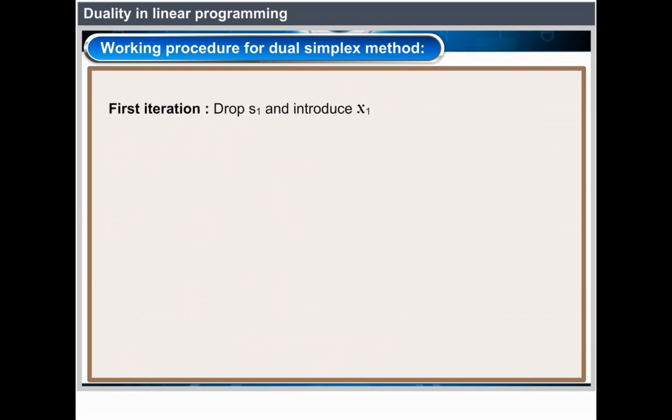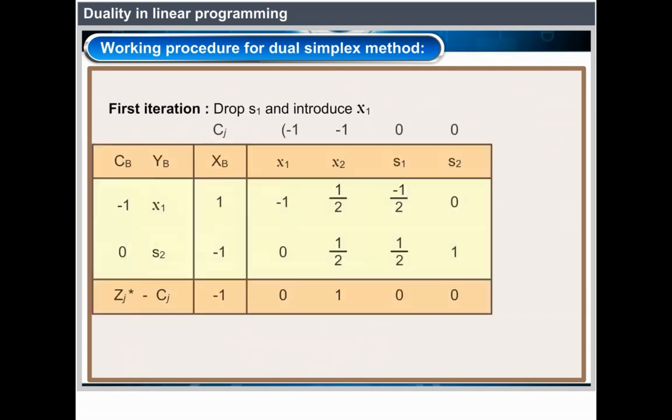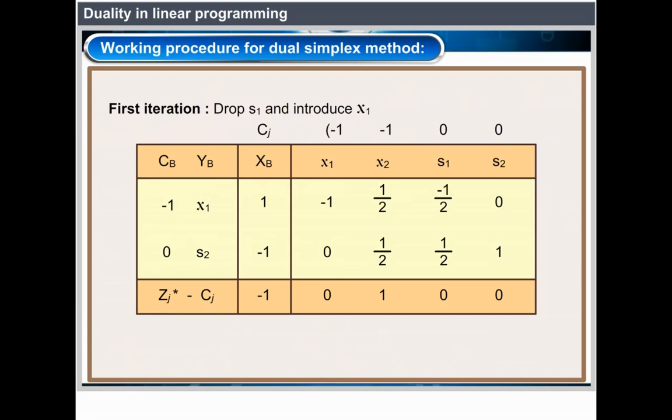First iteration, drop S1 and introduce x1. The simplex table is CB, YB, XB, X1, X2, S1, S2. First row of the table: minus 1 for CB, x1 for YB, 1 for XB, 1 for x1, 1 by 2 for x2, minus 1 by 2 for s1, 0 for s2.